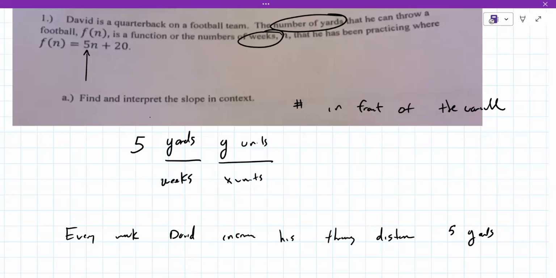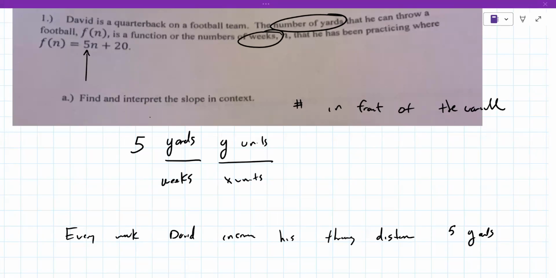Like they're looking for a sentence. Yeah. Is that okay? Yeah. All right.